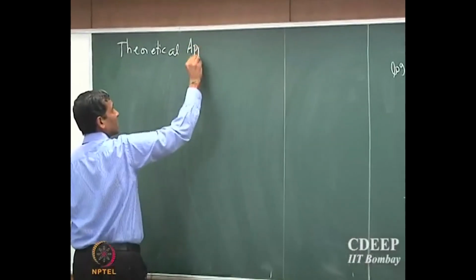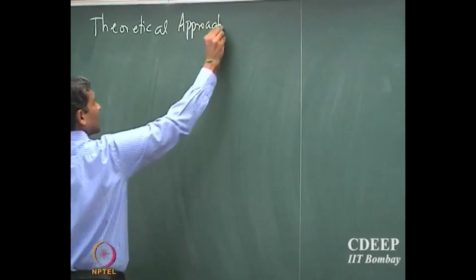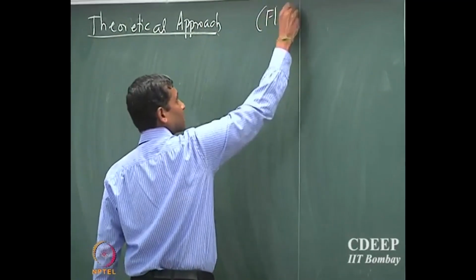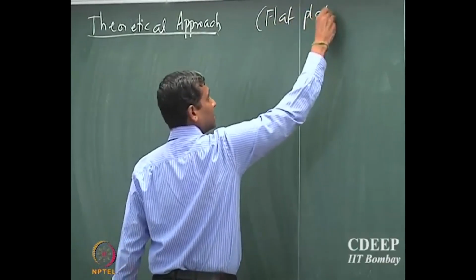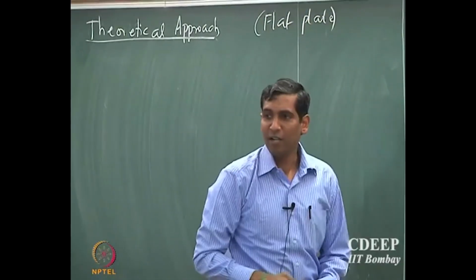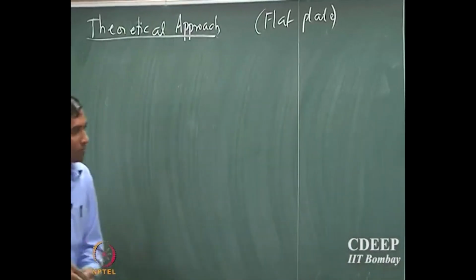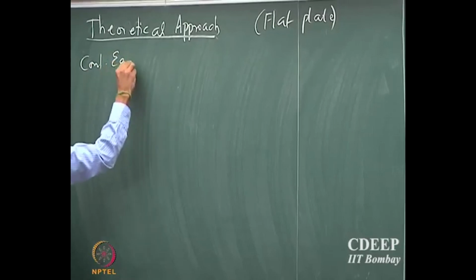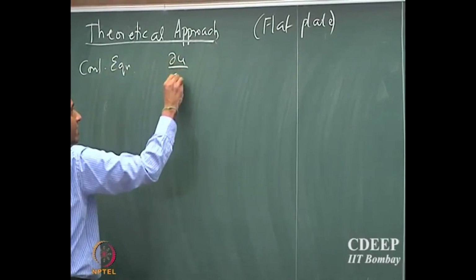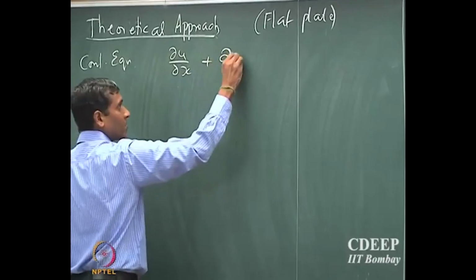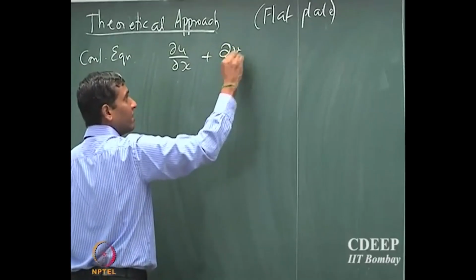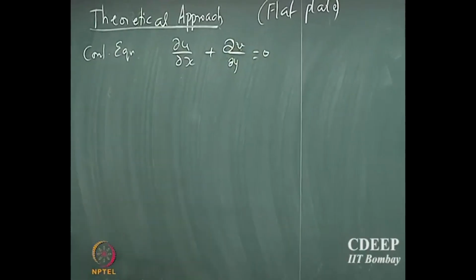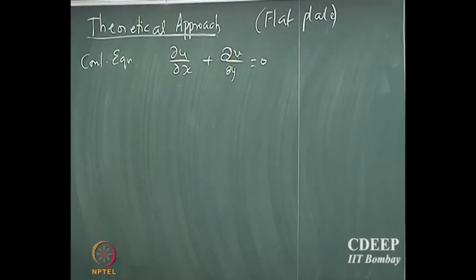So let us move to the theoretical approach, once again for a flat plate. The governing equations are: you have the continuity equation, du by dx plus dv by dy equal to 0. u and v are the x component and the y component velocities.